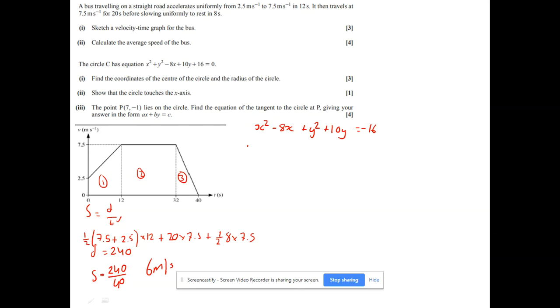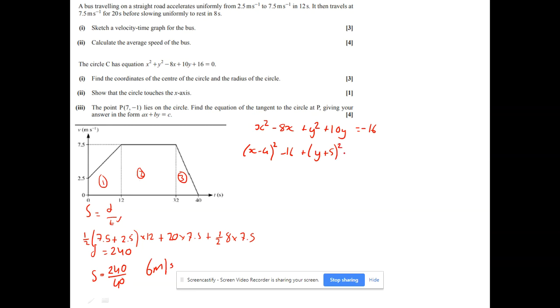And then I can complete the square. So we get x minus 4 all squared. That gets us x squared minus 8x, but then we've obviously created an extra 16, so take away 16. Add open bracket y plus 5 all squared.